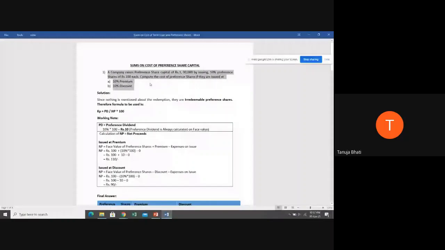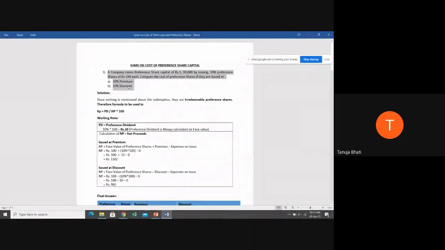Irredeemable. Because the term for which the preference shares have been issued is not given. So obviously when the term is not given, when you do not know the specific period, it is irredeemable preference shares. Now, can anyone tell me what formula you are going to use for solving the A sub-question and B sub-question?